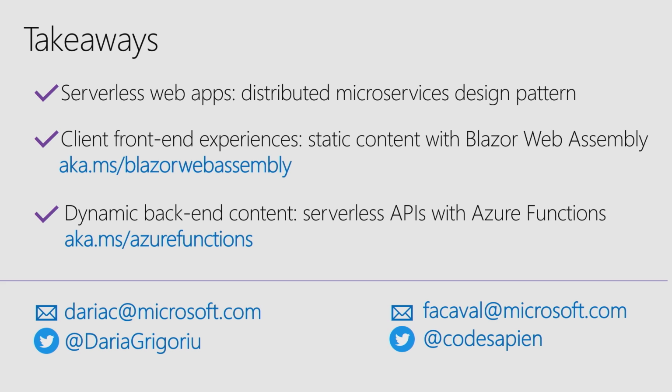The client front-end experiences have a great opportunity in the form of Blazor WebAssembly. To get started with that, you can go to aka.ms/blazor-webassembly, and that's a good starting point. The dynamic backend content can be implemented with Azure Functions for your serverless APIs. And to get started, you can go to aka.ms/azure-functions.